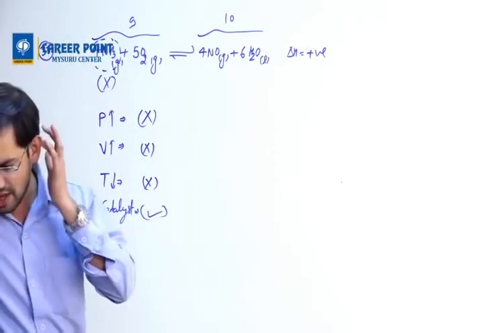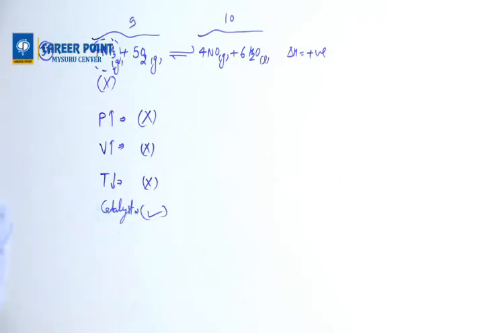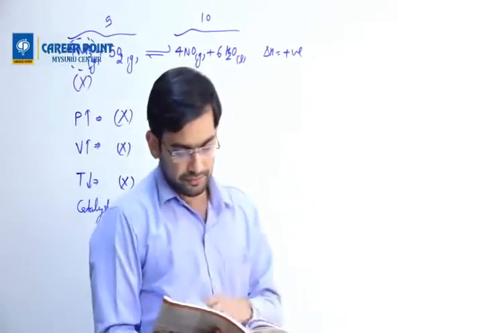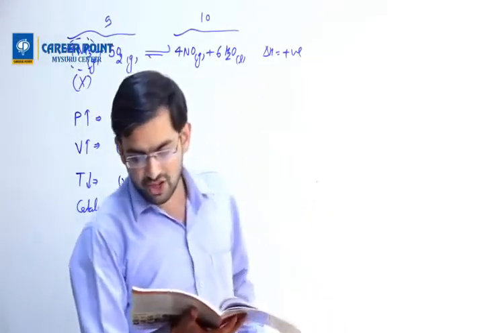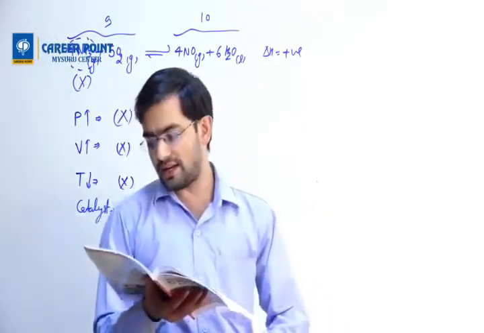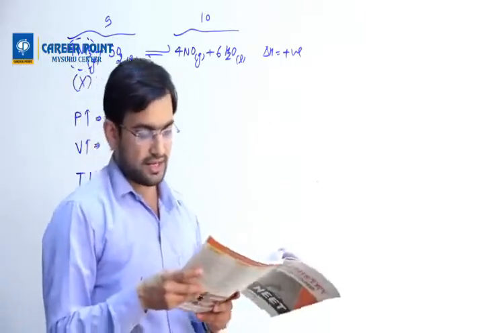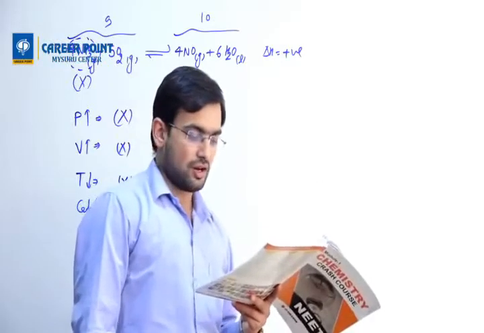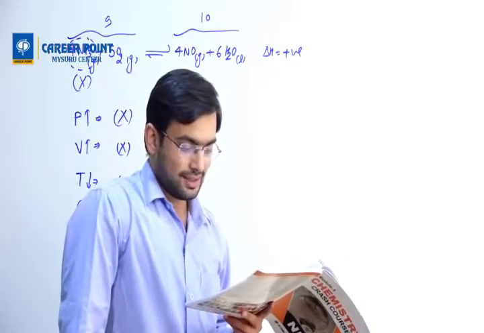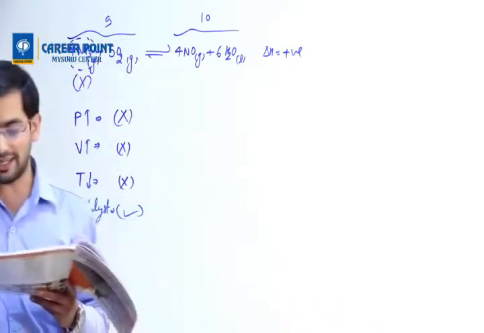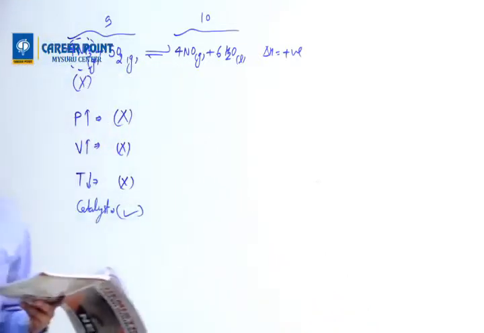The next one, Samia is asking about question number 25. The reaction between thiocyanate and ferric ion is represented by this reaction. Addition of thiocyanate ion to the equilibrium mixture will make what? Now thiocyanate ion is SCN minus, which is a reactant.